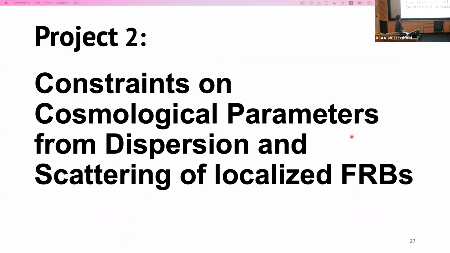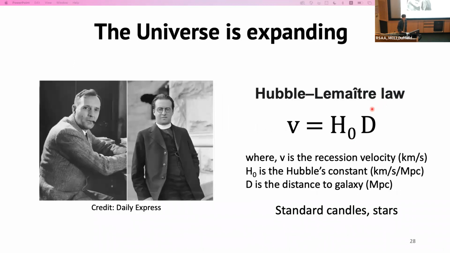And coming up next will be my next project, which is constraints on cosmological parameters from dispersion measure and scattering of localized FRBs. So maybe you will know that the universe is expanding.